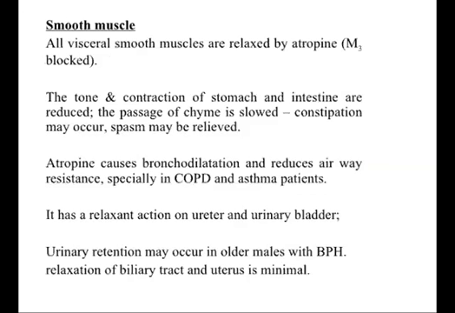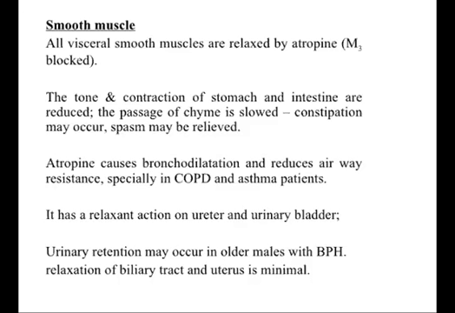Regarding the smooth muscle, the action of atropine on all visceral smooth muscle makes them relax, specifically when it blocks the M3 receptors. The tone and the contraction of the stomach and intestine are also reduced by the usage of atropine. The passage of chyme is slowed and constipation may occur.